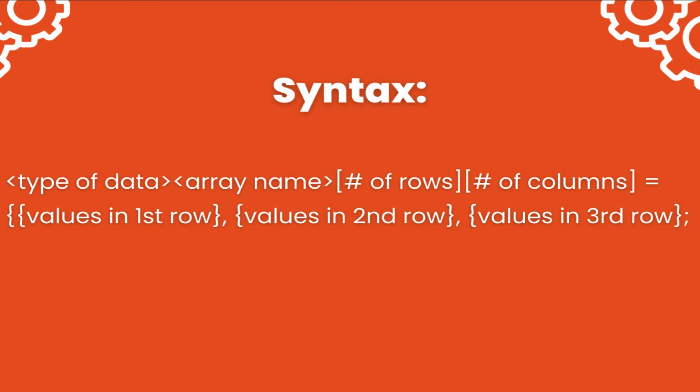And then, you would write all the values for the second row in this pair of braces. And you would continue doing so for each row that you want to fill with values in the table. So that is how you declare a two-dimensional array in C++. Now, let's look at an example of this. It should make a lot more sense once you see the example.